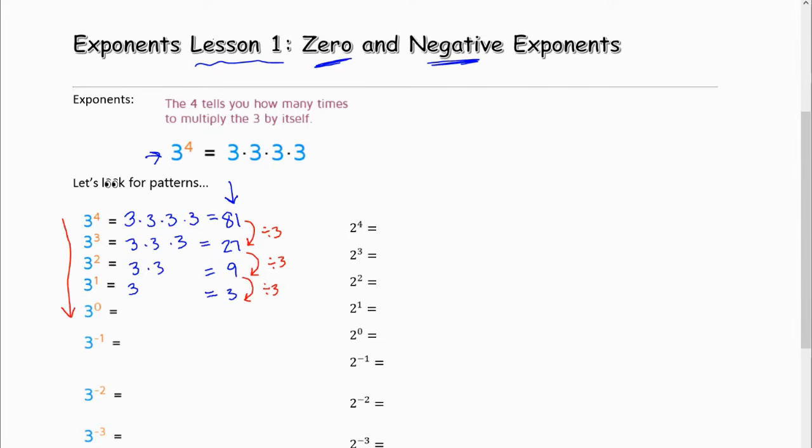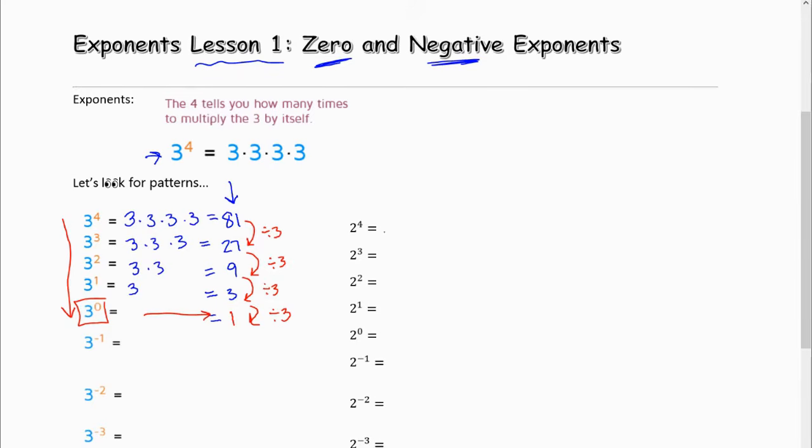Well, let's continue and see what happens. The next step would stand to reason that if I want to get to this next value, I would have to again divide by 3. Well, what is 3 divided by 3? Well, that's 1. Well, let's see what that's equivalent to. Well, 3 to the 0 power has a value of 1 according to this pattern.